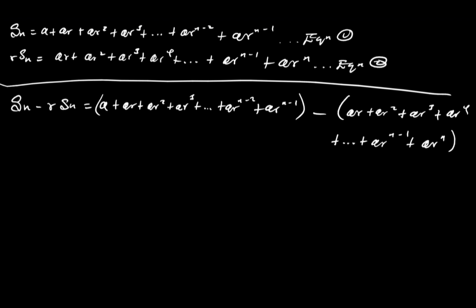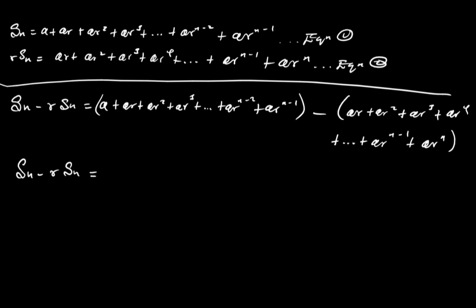And now, if you subtract this, let me just subtract. If we subtract the left-hand side of the equation, you find that they are like terms, so nothing will really happen. So we have S sub n minus r S sub n. But as we are subtracting the other side, you find that things will start to cancel out.